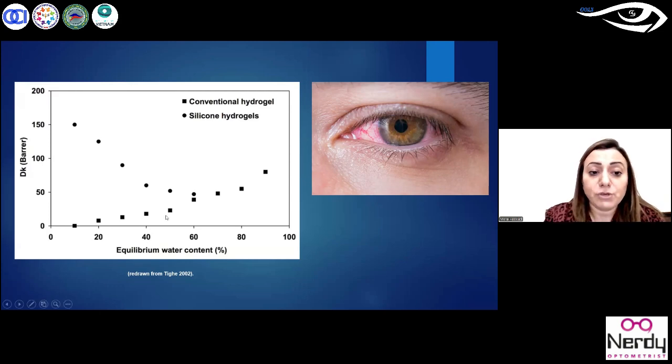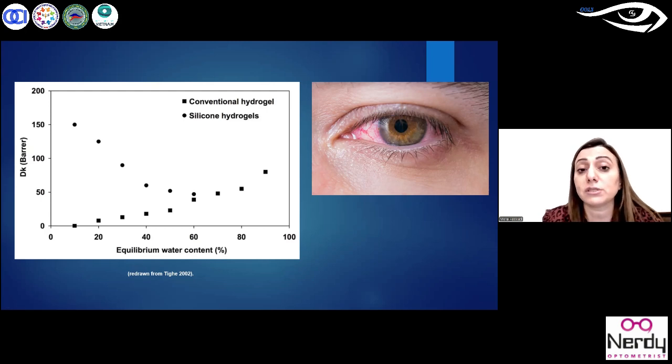Now, we see here a lens with the highest water content, 90%. It only gives about 75 barrers, which is the Dk unit. And this is not enough for extended wear. With the highest water content, we don't get enough oxygen to sleep with the lenses.